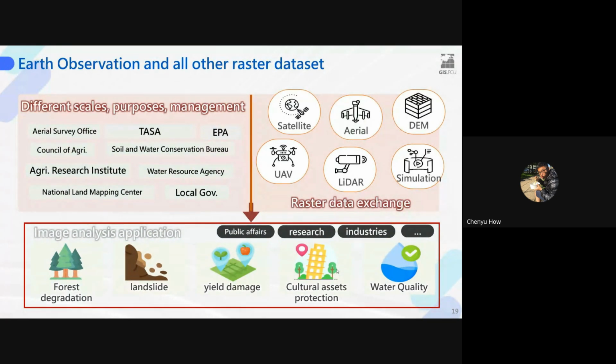So Taiwan also processes domestically launched Formosa series data, and as a result, the relevant data is managed across various agencies, like TASA, the Taiwan Space Agency, the Environmental Protection Agency, the Agricultural Department, Water Resource Agency, and a lot of local governments.